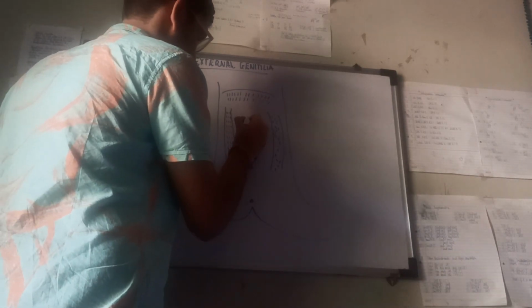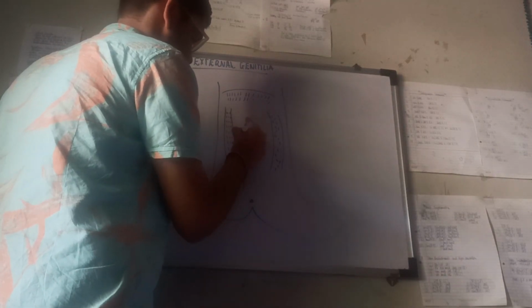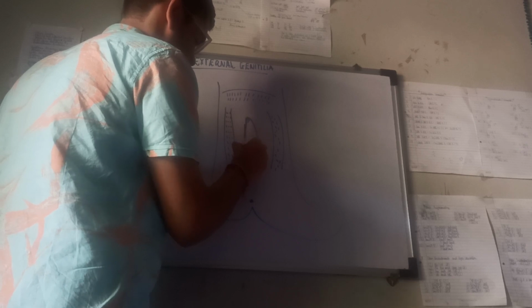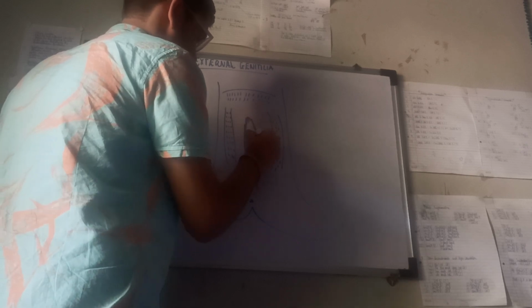So draw a double membrane also like this. Darken it quite well. Like this. So I'll shade the inner part.